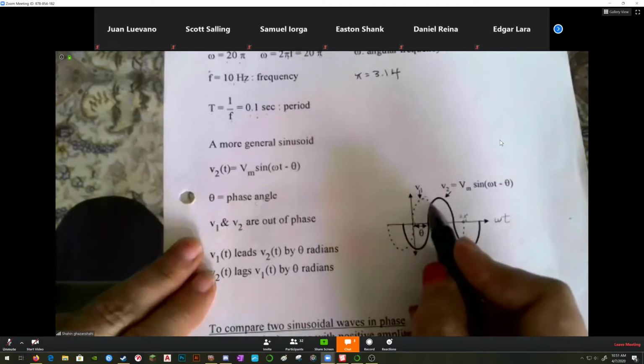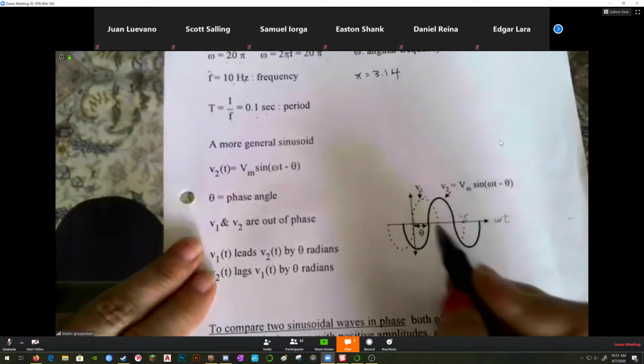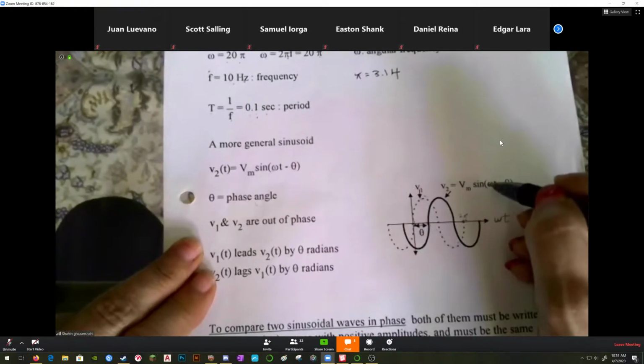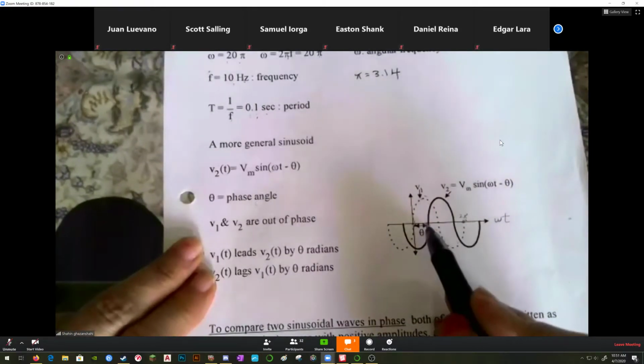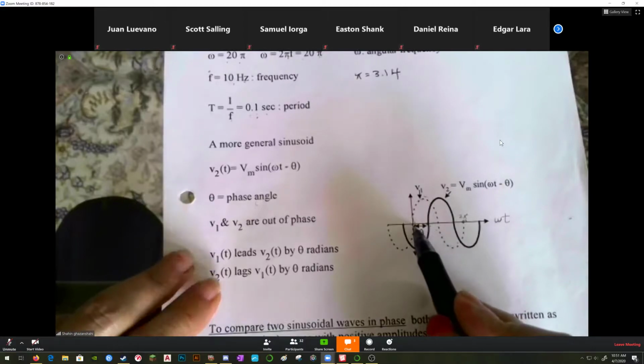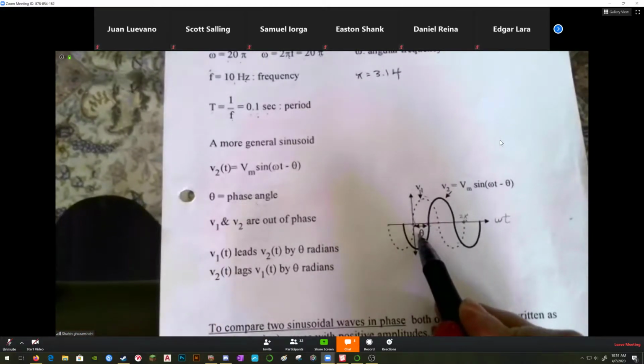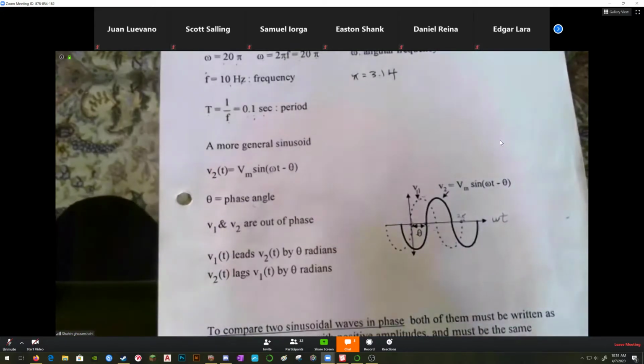So then there is a phase angle difference between these two signals. Both signals in this example have the same magnitude, the same omega, the same frequency, but there is a phase difference. How much is the phase difference between V1 and V2? It is theta. The theta you can measure in degrees and you can also measure in time.